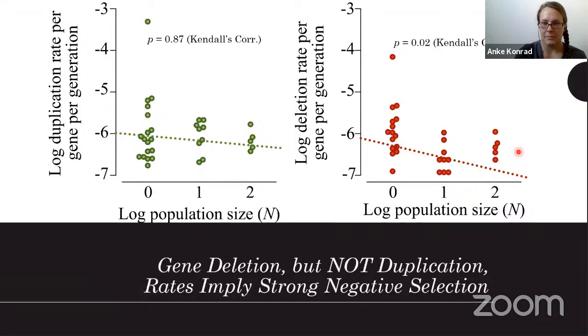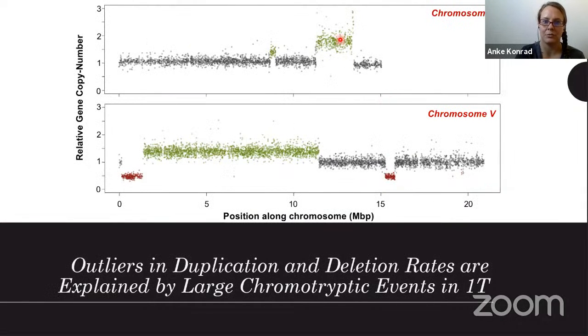Now, when you look at these graphs right here, there are two outliers in both of these plots, both in the population size 1 for gene deletion and gene duplication rates. And these are due to one of the experimental lines experiencing massive gene duplication and deletion events. Essentially, chromosome 1 and chromosome 5 of mutation accumulation line 1T experienced duplications that encompassed hundreds of thousands of genes.